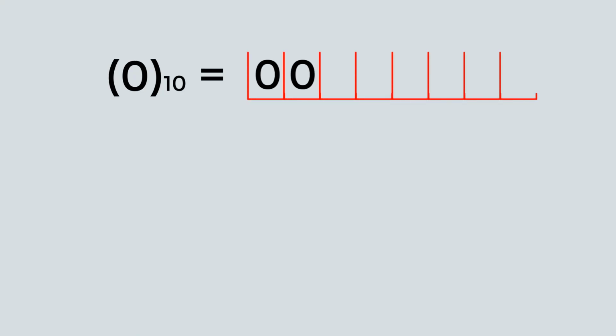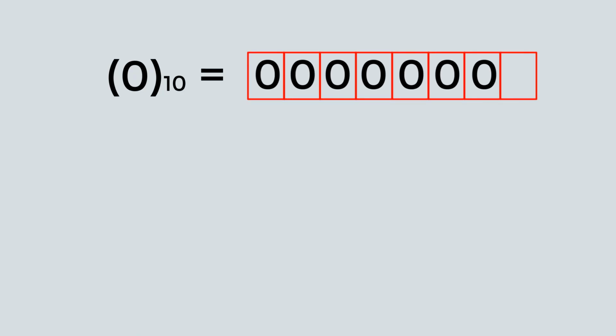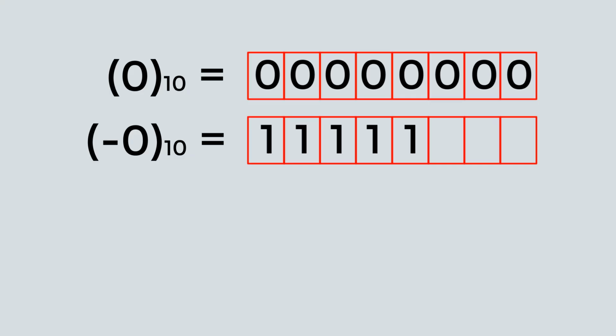1's complement has an important problem. Consider positive 0 in 8 bits. That is 0, 0, 0, 0, 0, 0, 0, 0. If we flip every bit to produce its negative representation, we get 1, 1, 1, 1, 1, 1, 1, 1.